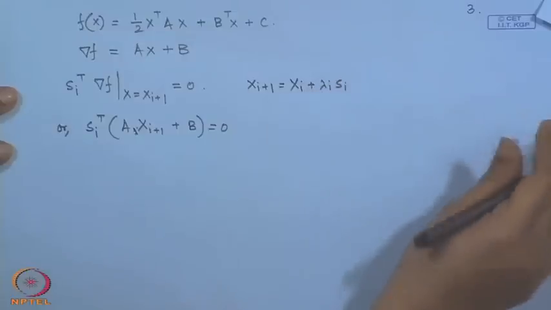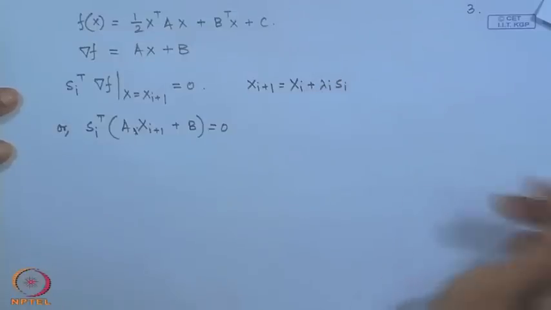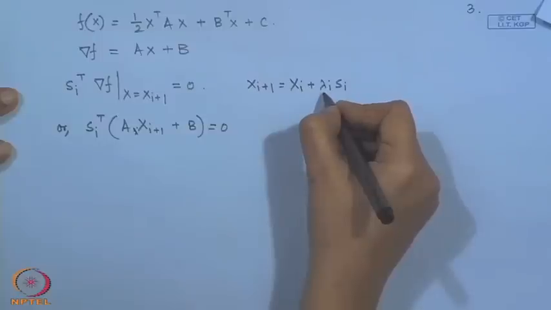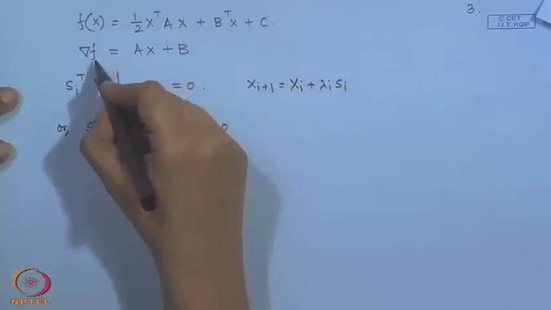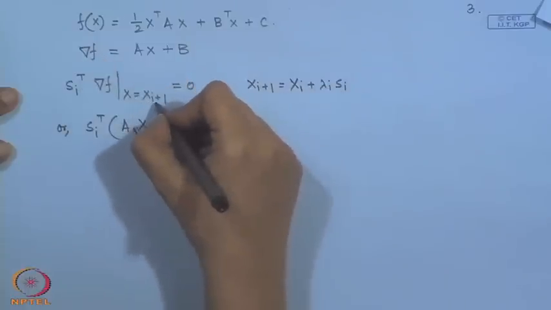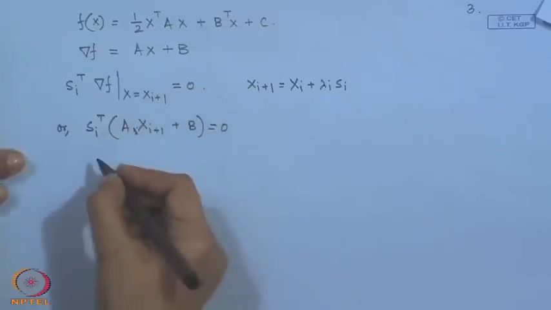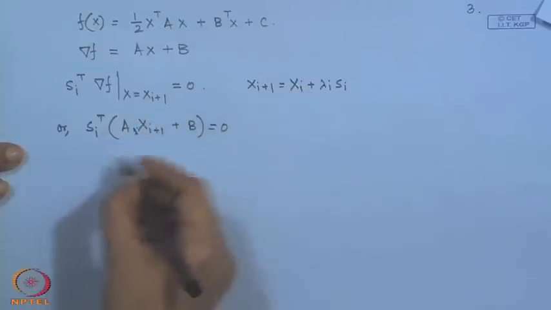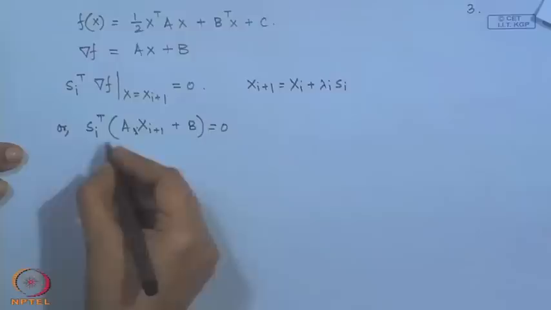What is my intention? My objective is to find the optimal value of lambda i, which minimizes the function f at point xi+1, and that is why we have taken the first order derivative with respect to lambda i.